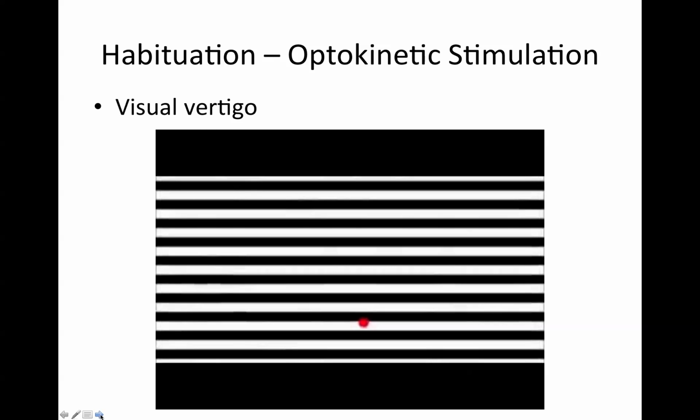Also for habituation, we'll use optokinetic stimulation, and I'll show you this in lab. But this is for people who have visual vertigo, meaning that they get dizzy when there are things that move in their environment, not when they're moving. And so we can pull these up on YouTube, but this will move like an optokinetic drum, whether it's vertical or horizontal, and we'll have patients actually watch them.